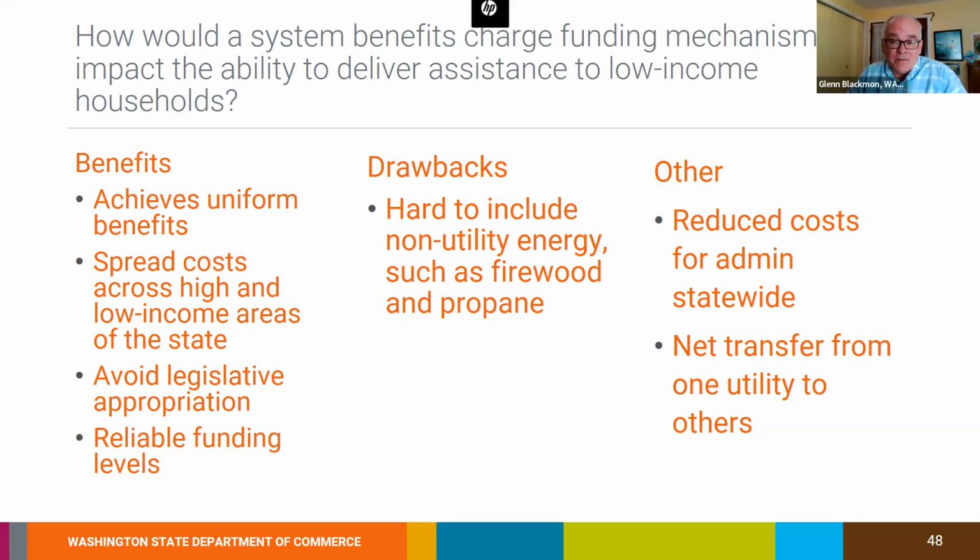But it seems to me anyway that a statewide program would benefit greatly from having the utilities as partners in order to distribute whatever level of benefits and whatever structure you have on those benefits to the recipients, so that they end up paying a lower bill for their energy services.